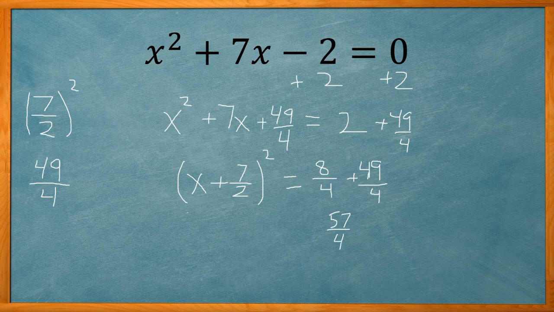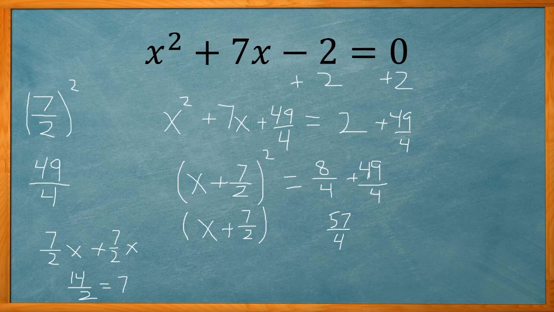Right, so then I'll just bring down this side. The 7 halves, that's always going to be whatever your x term is divided by 2, because you need 2 of them. If I did 7 halves x plus 7 halves x, that'll give me 14 halves, or 7.